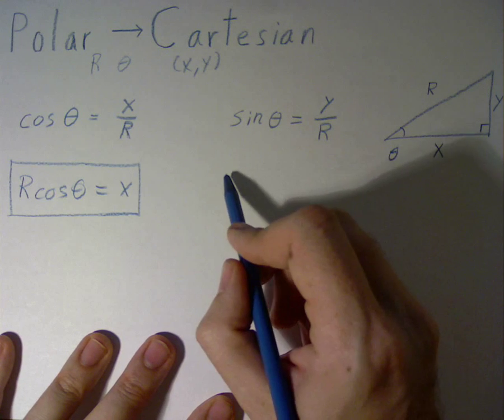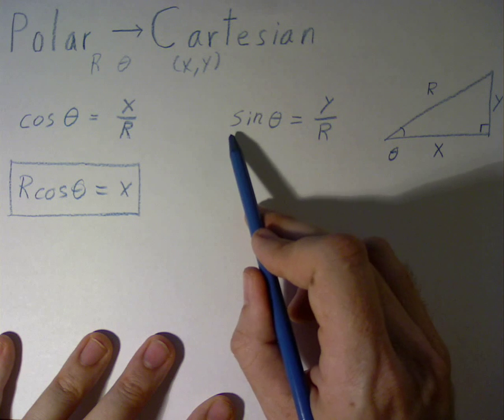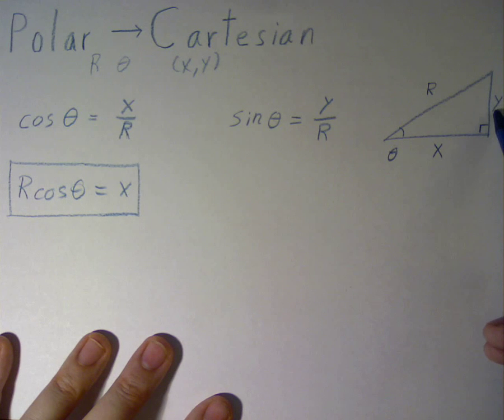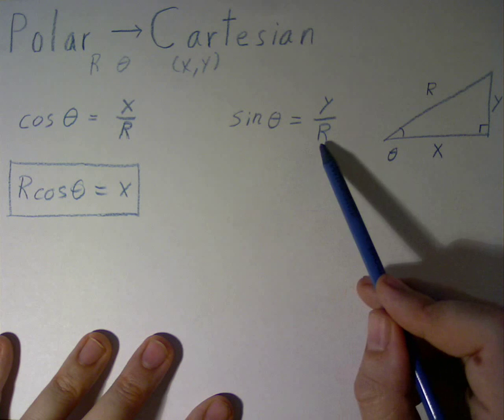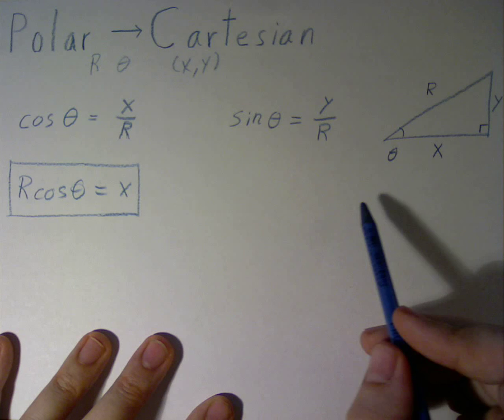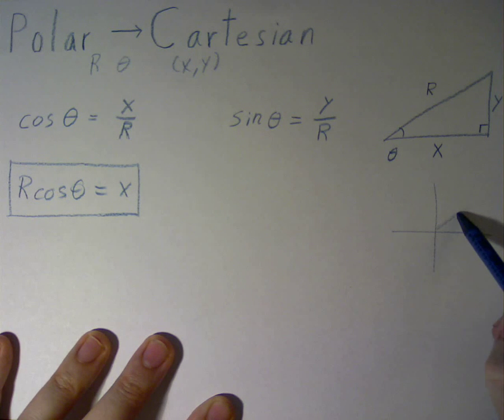Likewise, we can take the definition for the sine, the trigonometric ratio sine of theta, as being the opposite side of a triangle, y, over r. In this case, we are always measuring from the positive x-axis, going counterclockwise.